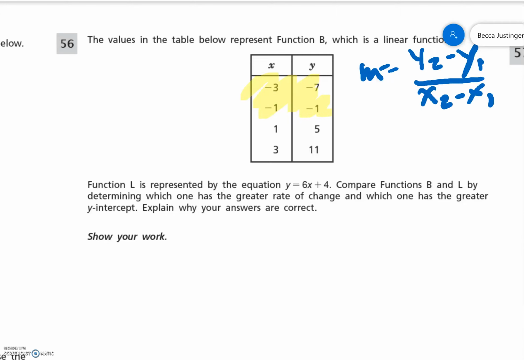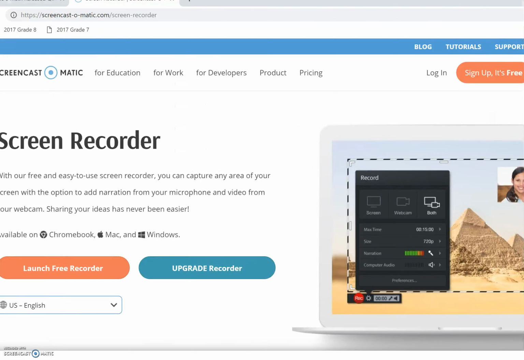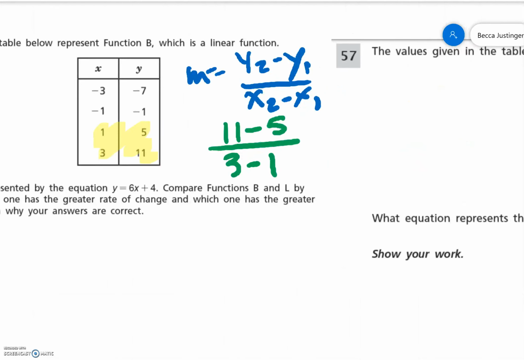It doesn't matter which ones. Actually, let's use the positive ones. So y2 could be 11 minus 5 over 3 minus 1. 11 minus 5 is 6. 3 minus 1 is 2.